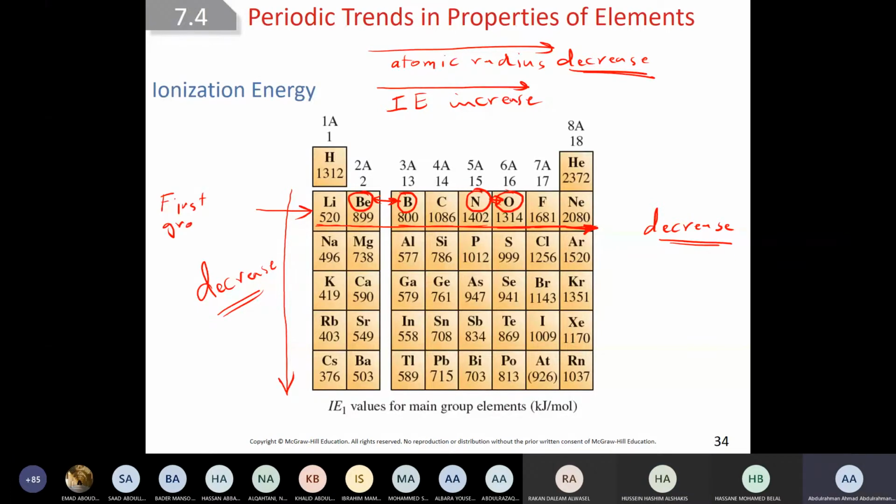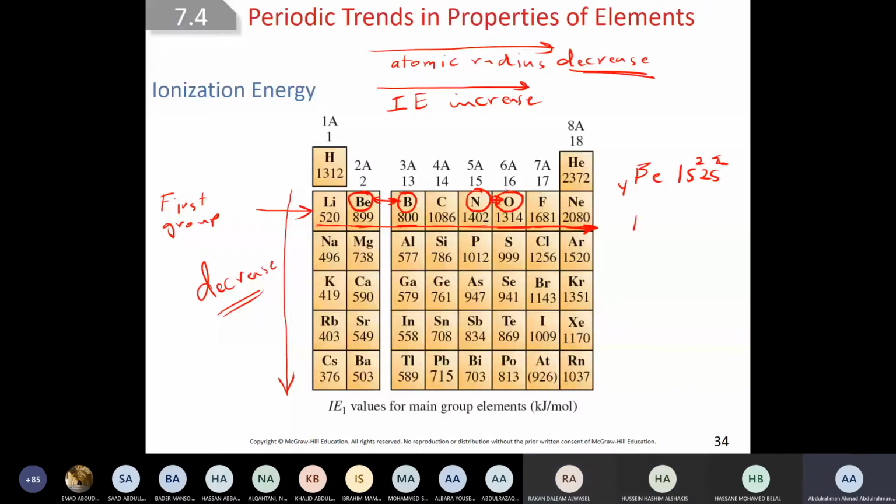We want to know what's the reason. Why do you think it decreased from Be to B? What's the electronic structure of Be? Be is 4: 1s2, 2s2.